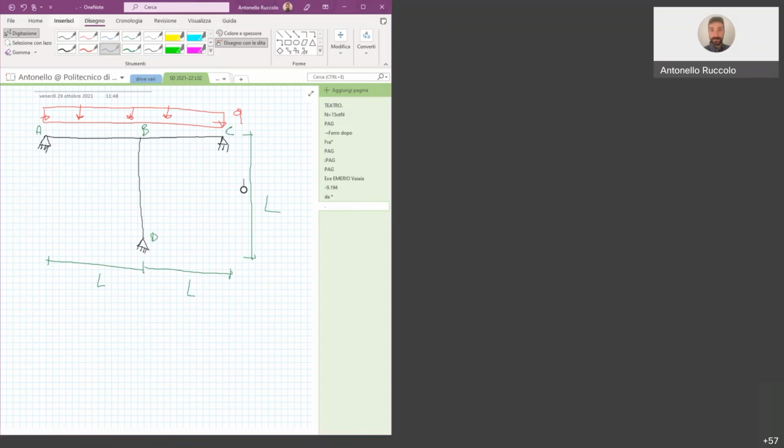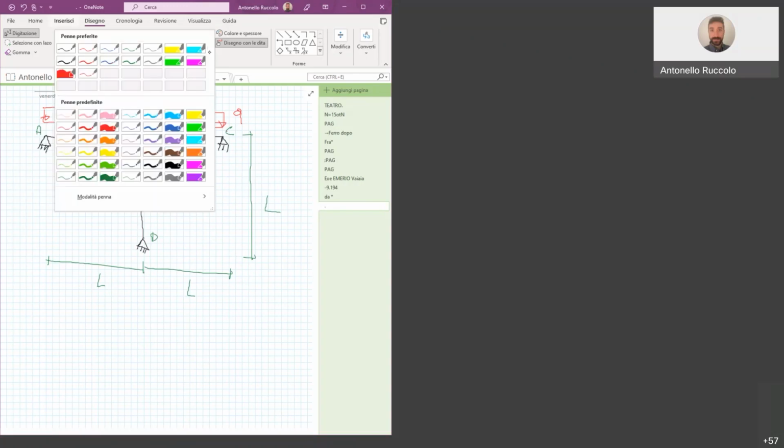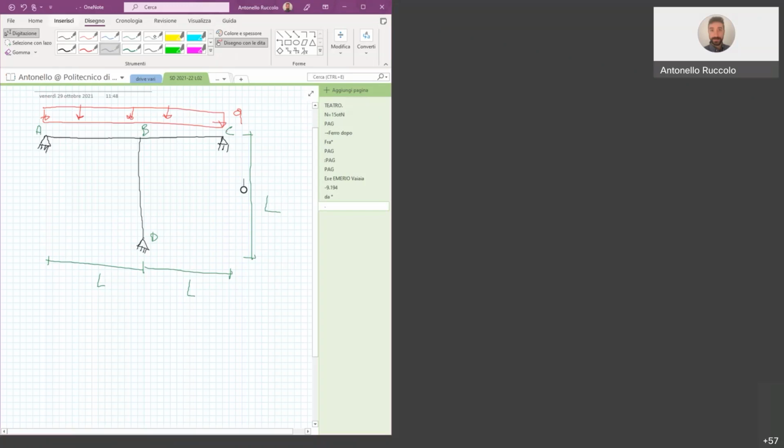So first of all, we can allow the possibility to rotate. How can I do that? That's not so easy here. Okay, we can just cut the section here. We don't want actually to cut the section, but to allow a rotation.